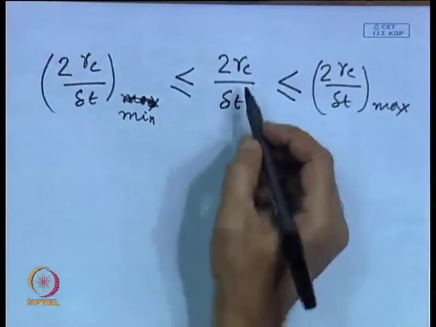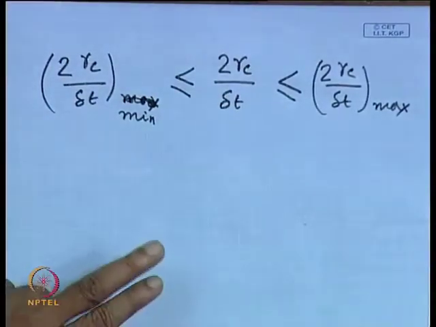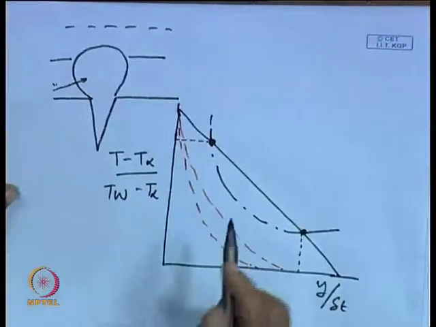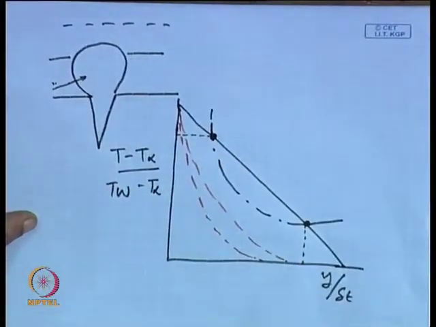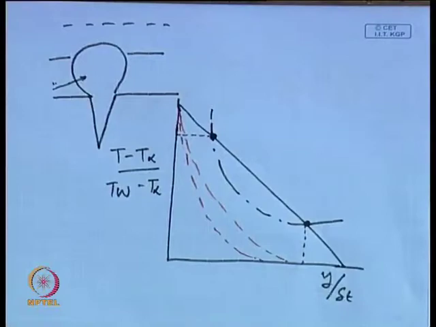That means, what is R C? R C is the radius at the cavity mouth. That cavity mouth radius we can get from this equation, it can have a maximum value and a minimum value. If some value is more than the maximum value, then it is not operative. If some value is less than the minimum value, then also it is not operative. Any value in between will be a cavity which is operative and which will give us the vapor nucleation. That is the information we can get from here.